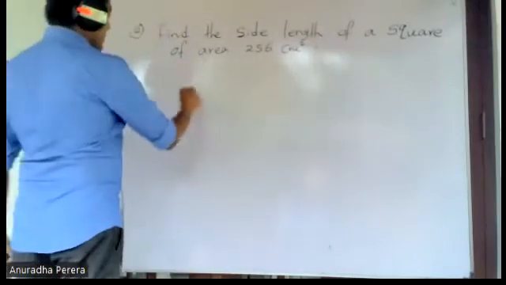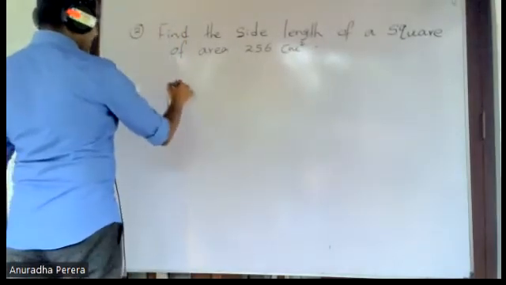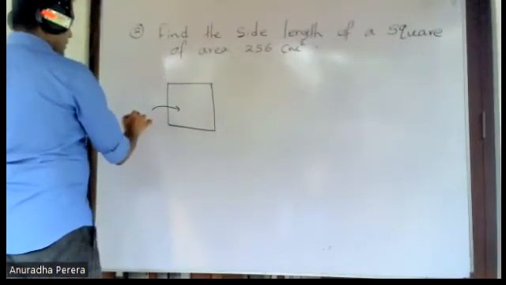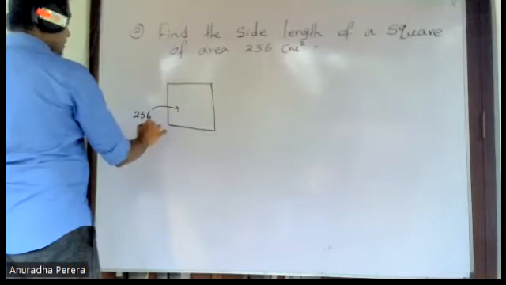And how to find it? The area is given. The area is 256. We need the side length.